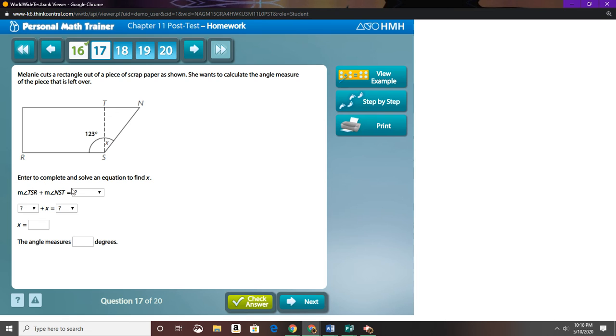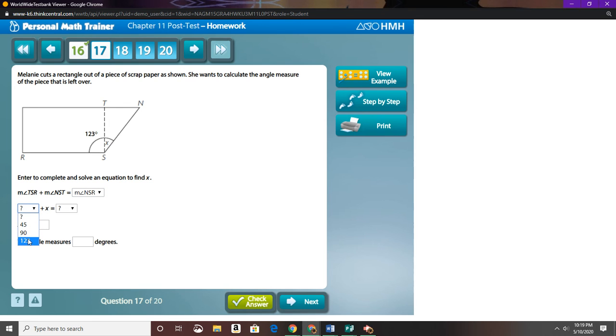So to solve, the measure of angle TSR, which is 90, plus the measure of angle NST would equal 123, which is RSN or NSR. So this piece plus this piece equals 123.